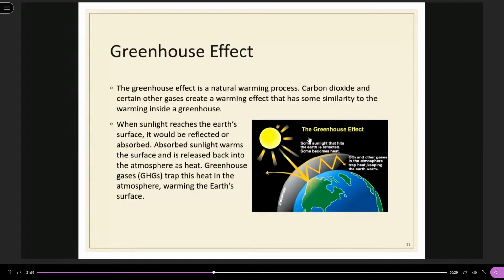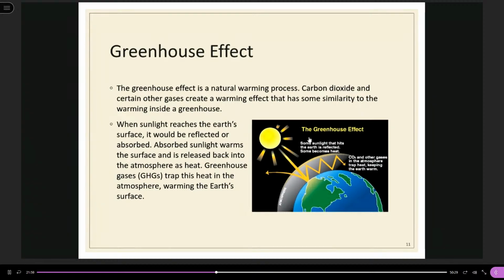So the natural greenhouse effect is important to all living things on Earth. But now we have the man-made greenhouse effect, and it is due to the release of carbon dioxide by burning fossil fuel.